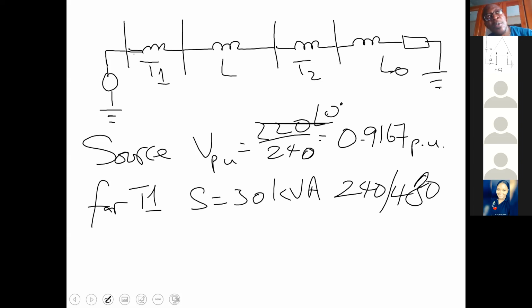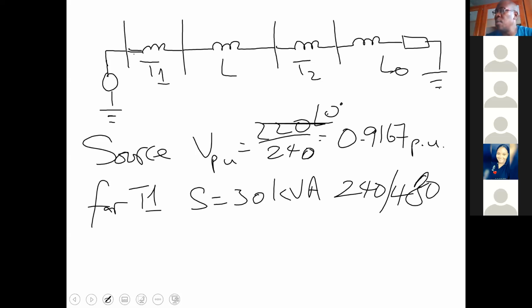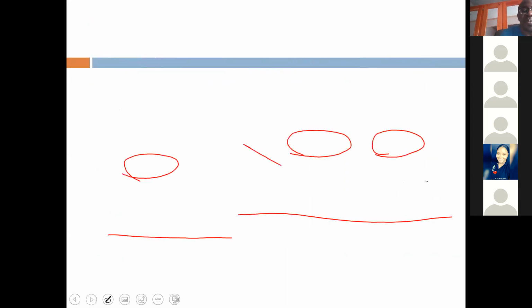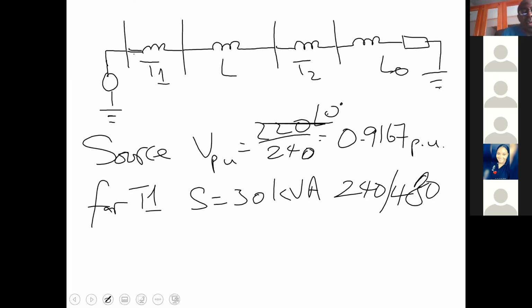So you have a 0.01 per unit reactance. 0.10, sorry. Let me double check. 0.1. All right, and you have X equal to 0.1 per unit. All right, so that's for T1.